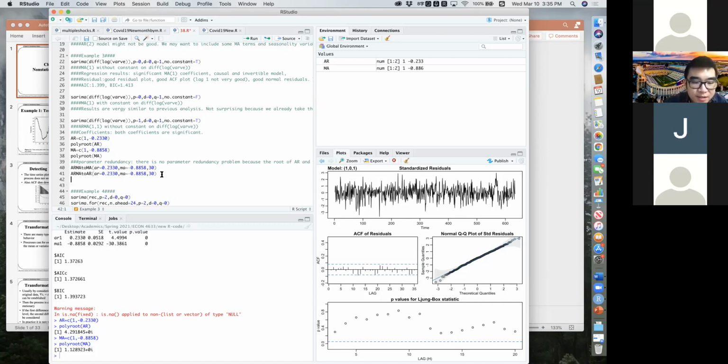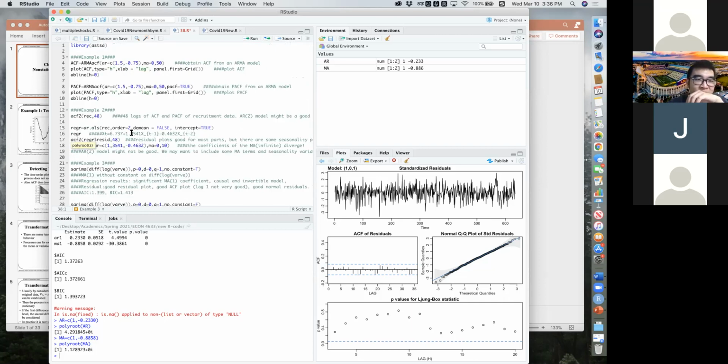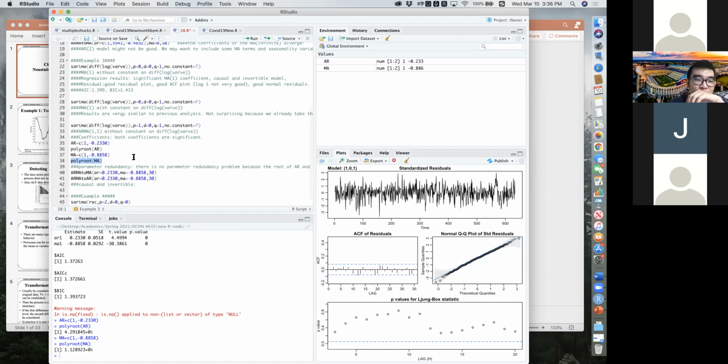Okay, and the third thing that we want to check is causality and invertibility. Again, in my email last night, I realized that the polyroot code in the ASTSA package is different from what I taught in class.